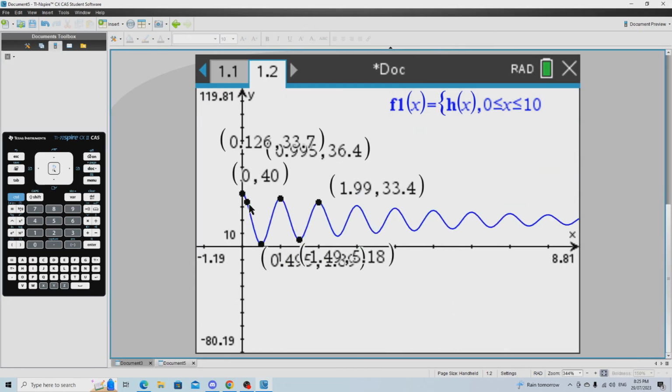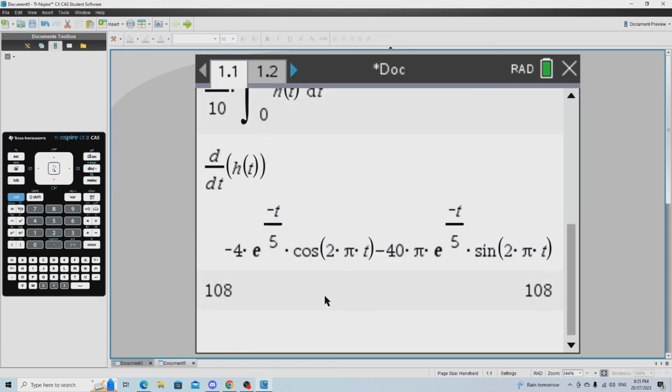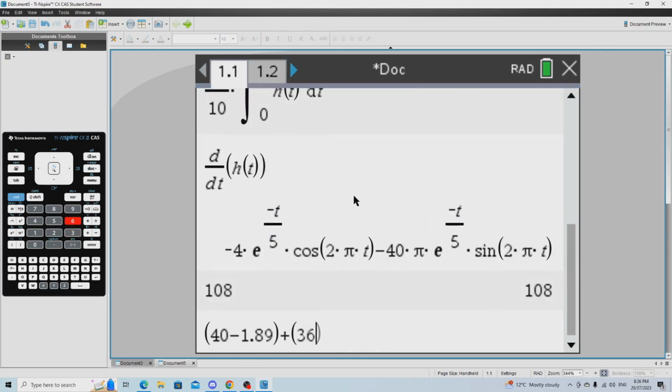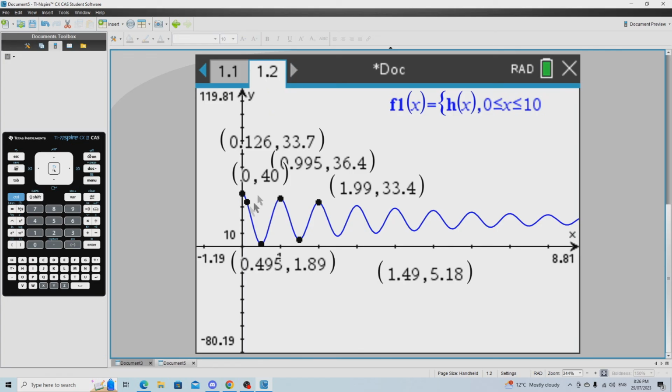Okay, so the distance between, so 40 minus 1.89, plus, that's the distance, so this is that distance, plus 1.89 to 36.4. So 36.4 minus 1.89. Plus, so we've done that up.